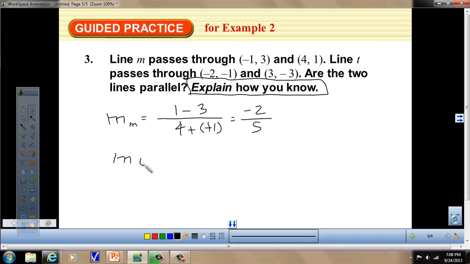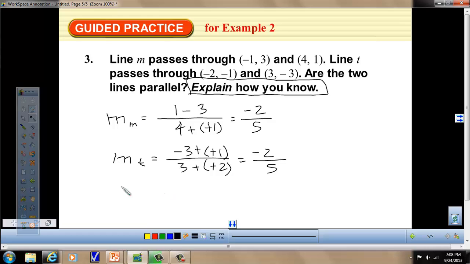For T, the 2 points are -2, -1, and 3, -3. So we start with -3 minus a -1, and on the bottom we do 3 minus a -2. So remember, this is plus a positive, gives me a -2, and on the bottom we do plus a positive, and we get 5.